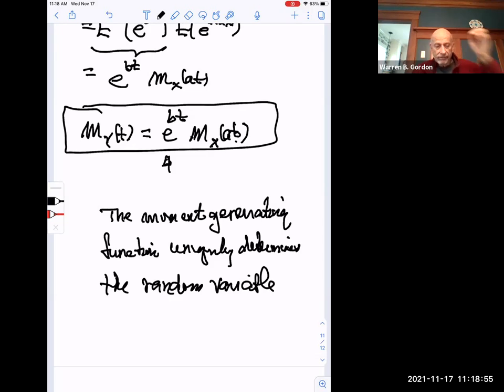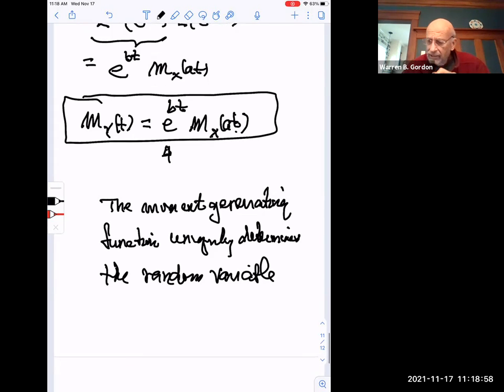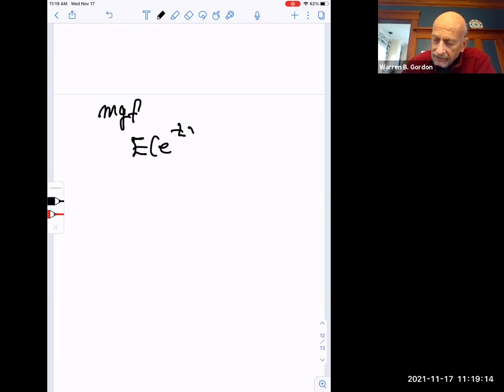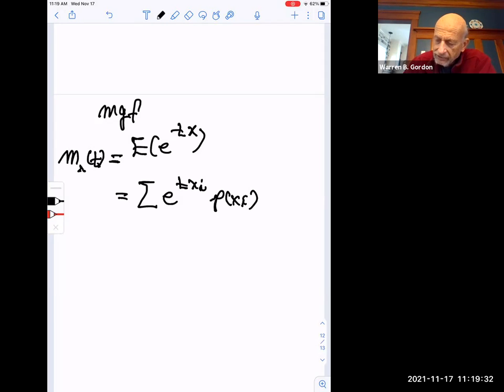Anybody have any questions so far? So let me sum up what I just talked about. We defined the moment generating function. Its definition is e to the t x, where x is the random variable. In the discrete case, it's easy enough to compute.